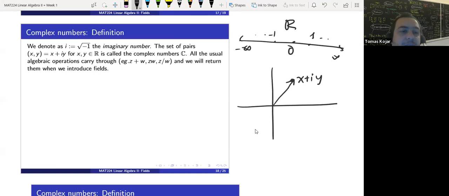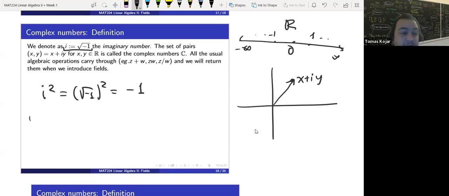Basically you start by setting this square root of minus 1 that gave you trouble to be a symbol, i. That's how we define it, just to do calculus with it. And as you can see, i squared is equal to what? Square root of minus 1 squared, so minus 1. This is surprising, right?